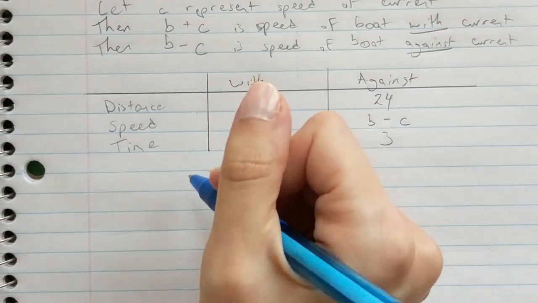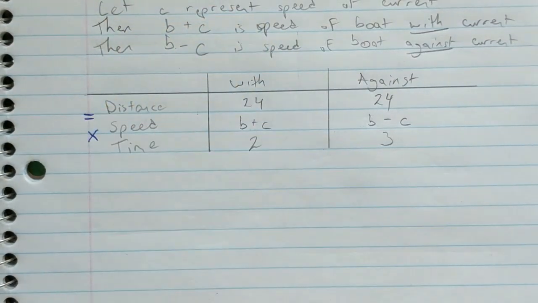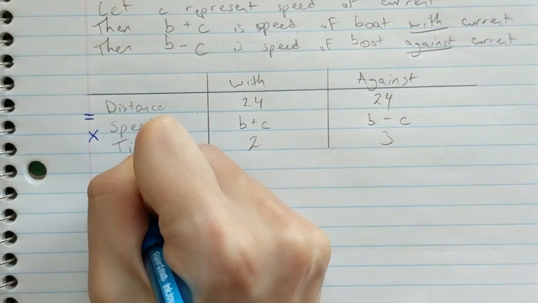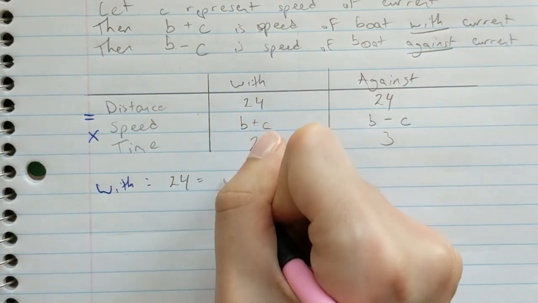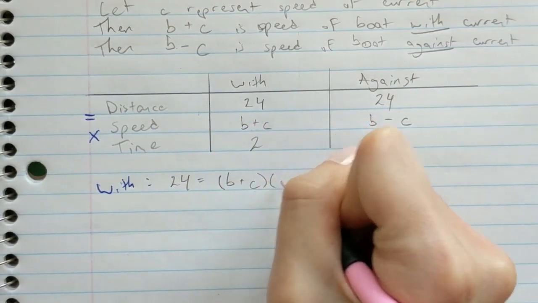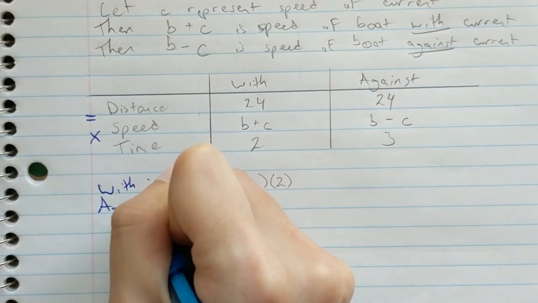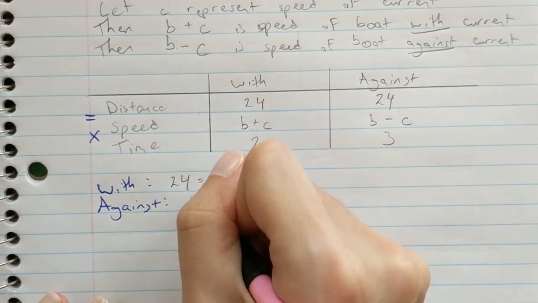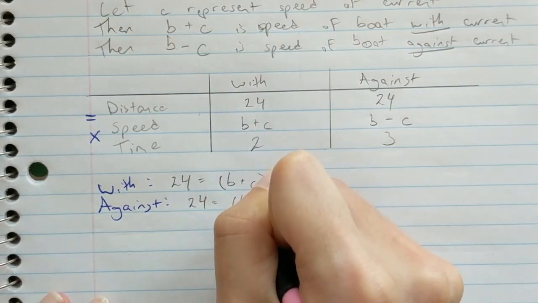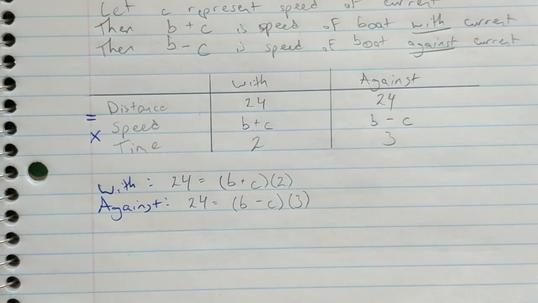We recall that our formula is distance is equal to speed times time. And so my formula with the current is 24 is equal to B plus C times 2. And the formula going against the current is 24 is equal to B minus C times 3.